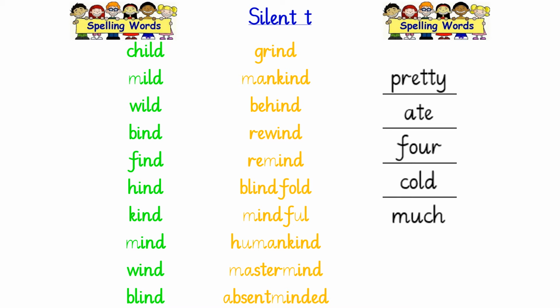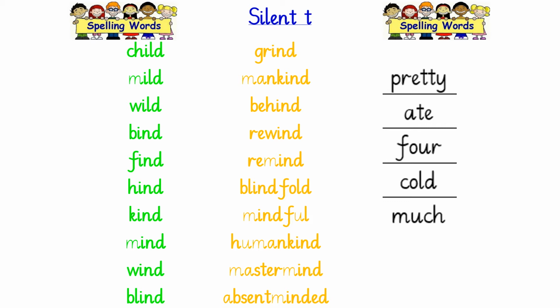So we've got child, if you know what a child is, who even knows? Mild, so mild can be used about lots of things. A mild curry means it's not too hot, and so on. Wild, there's quite often you hear the phrase wild child, which is used about a teenager who is very badly behaved, very naughty.